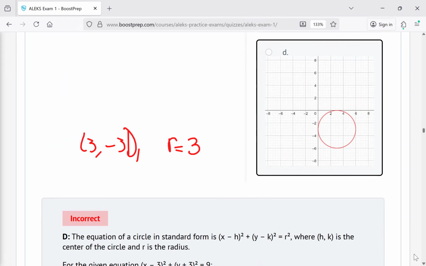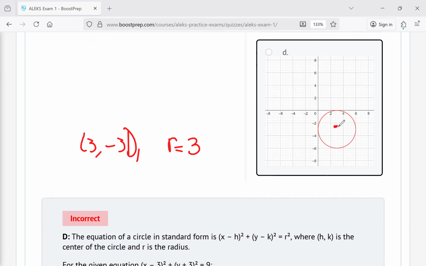Yeah, it's letter D. See, the center is 3 comma negative 3, and our radius is 3. Because this is not going by one. Oh, actually, no, they're going by two, right? This is two, four. So the 3 comma negative 3 is here, and then what you've got to do is locate your center right here.